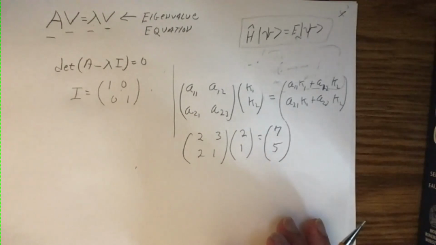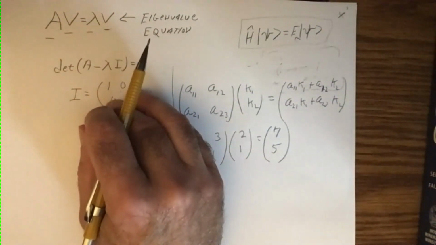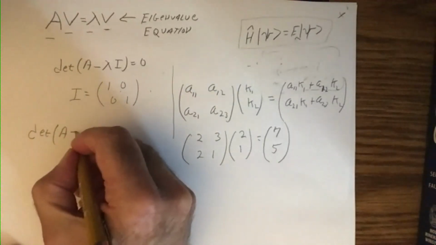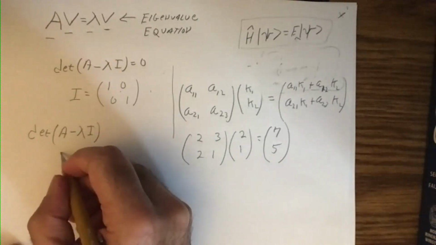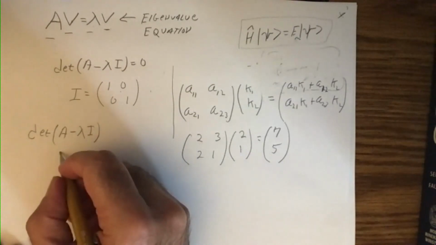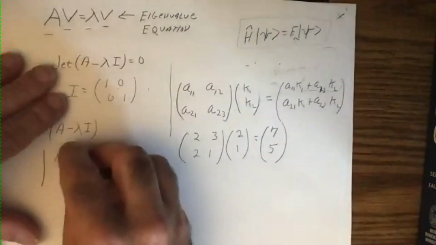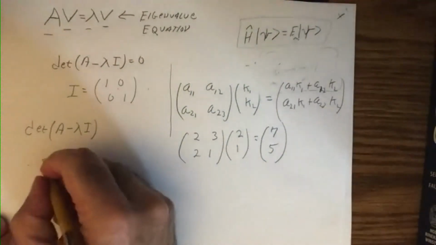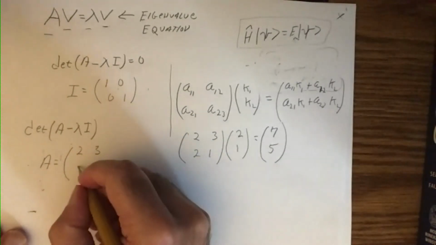So how do we find the eigenvalues? Basically it's the determinant of A minus lambda times the identity matrix. If I write this out, I might have left this step out in my notes. Let's say A, what's in my notes, is 2, 3, 2, 1.